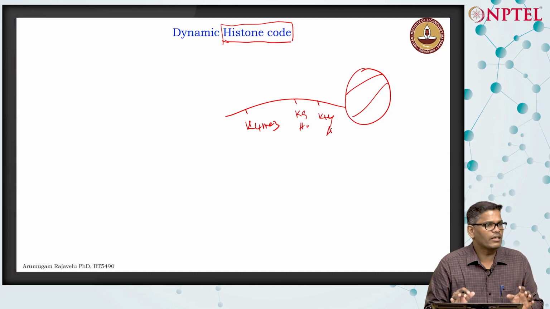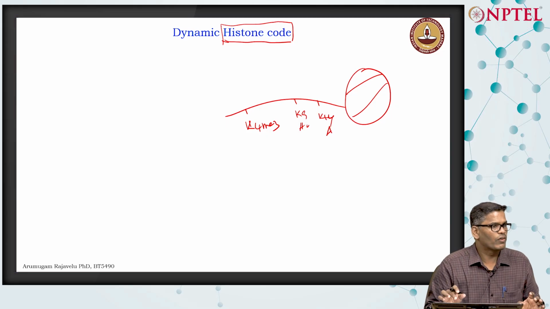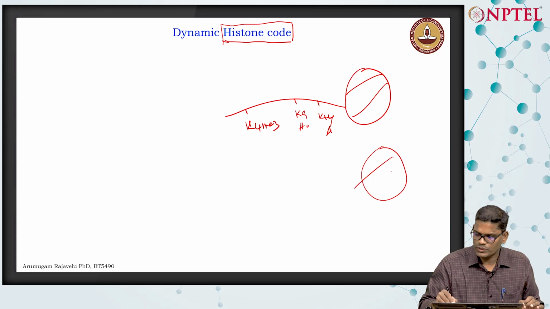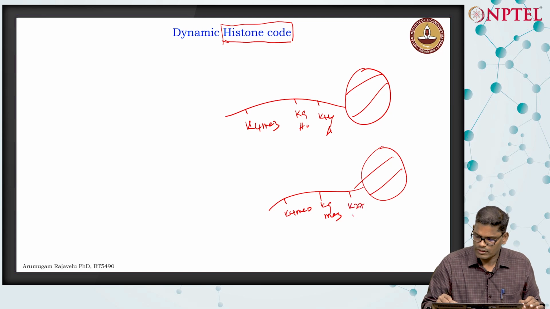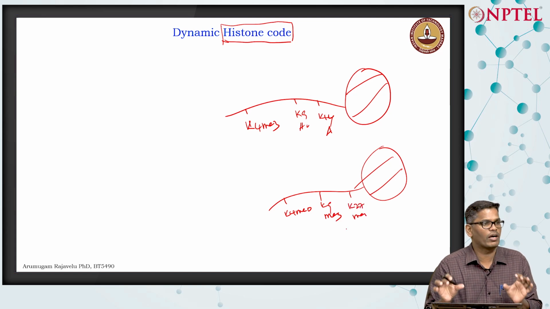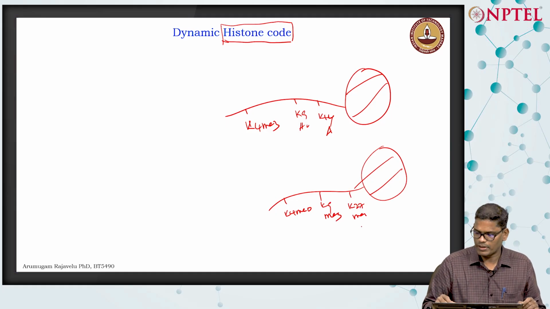So these are all the histone codes for activation. Similar to that, for repressive also, various combinations you can consider. So K4me0, K9me3, K27me3. So this is one histone code for a particular gene maybe. That gene is definitely a repressive gene.